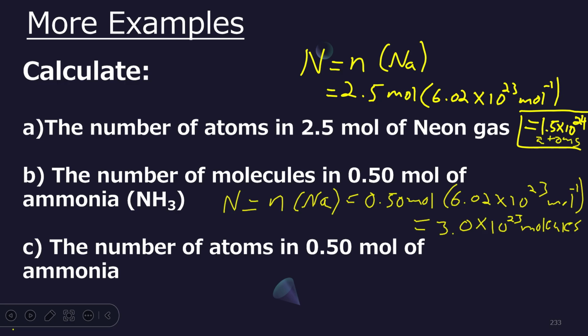So B and C look very similar. What's the difference? Well, B asks for molecules, C asks for atoms. So ammonia is one molecule itself, but how many atoms are in there? N and 3 H's, that's 4. So you just need to multiply the answer to B by 4.